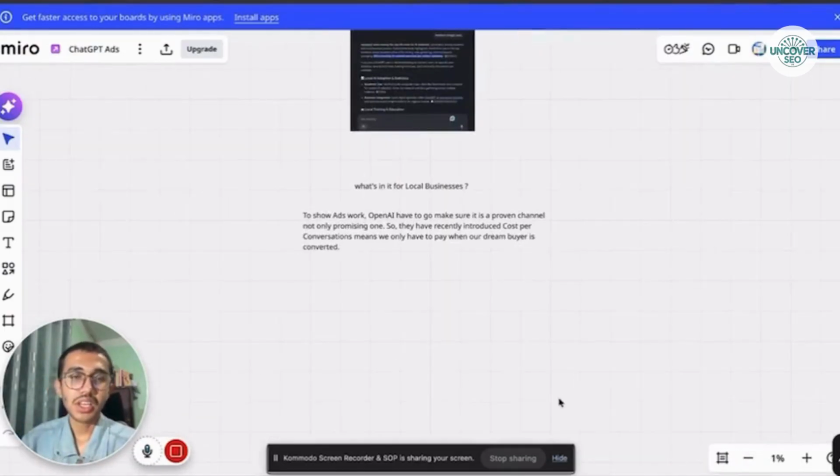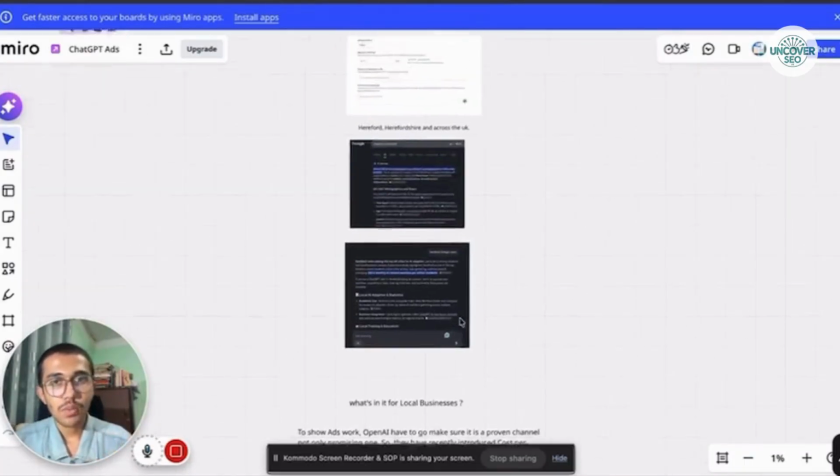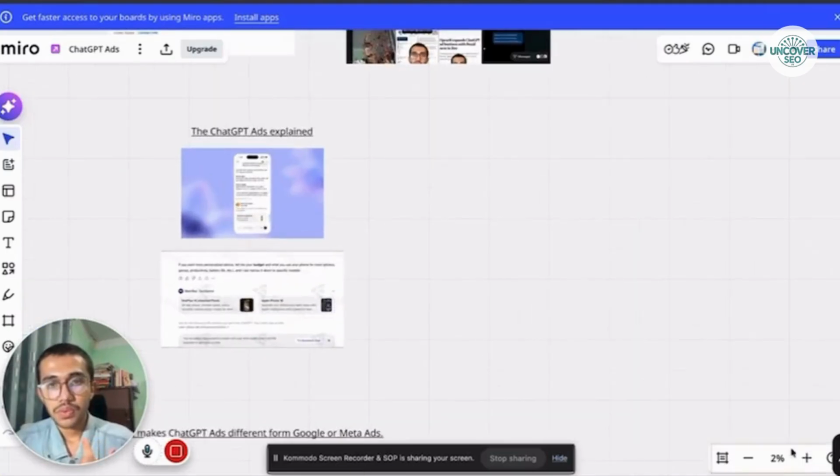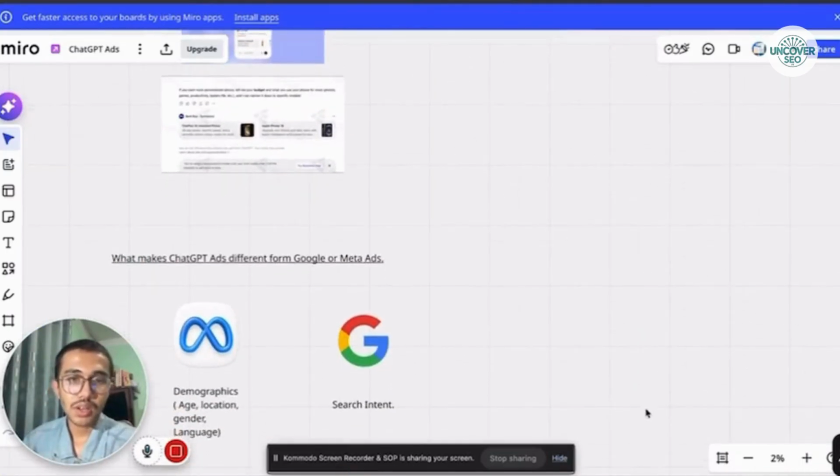Again, you might be thinking: if Meta ads are working, if Google SEO and Google ads are working, then why should I invest in ChatGPT ads? Why should I take risks when everything is working fine for me? For context, if you were around in the early days of Google ads or Facebook ads, you would likely have gotten into it, right?